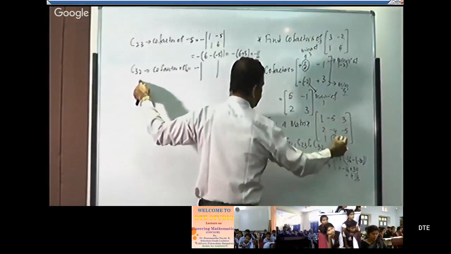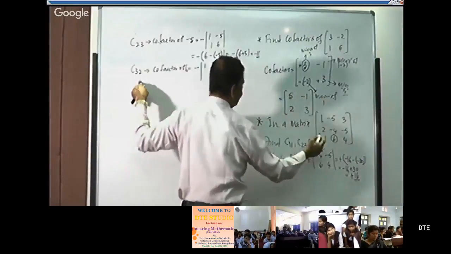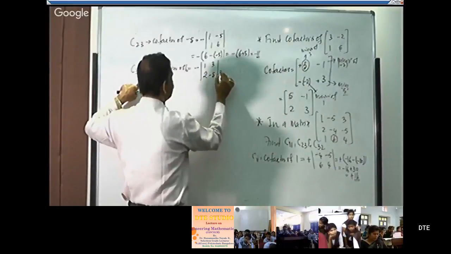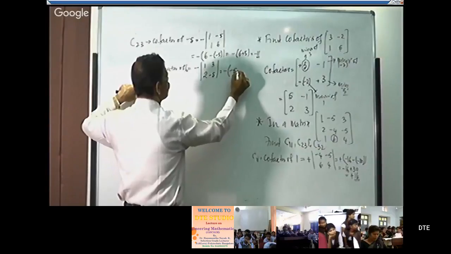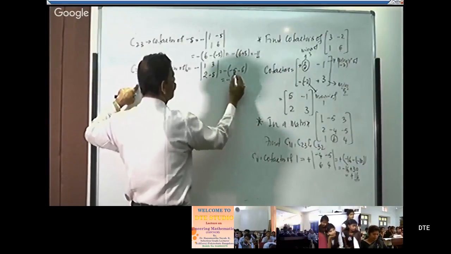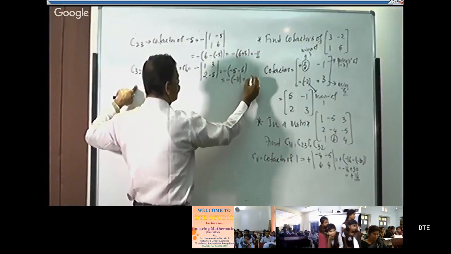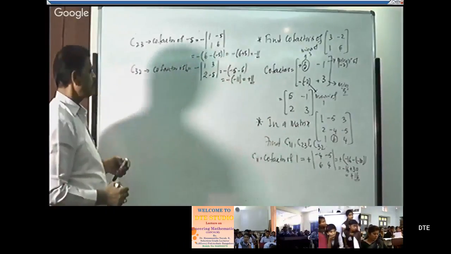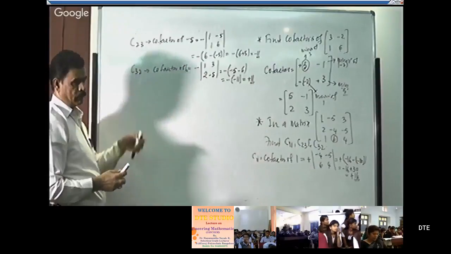Leave this column and row: 1, 3, 2 minus 5. Which is equal to minus of 1 into minus 5, minus 5, minus 2 into 3 is 6, so minus 5 minus 6 is minus 11. So finally, it will become plus 11. This is the cofactor of 6, which lies in the third row, second column.